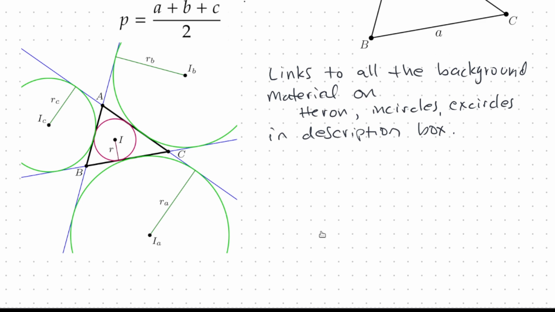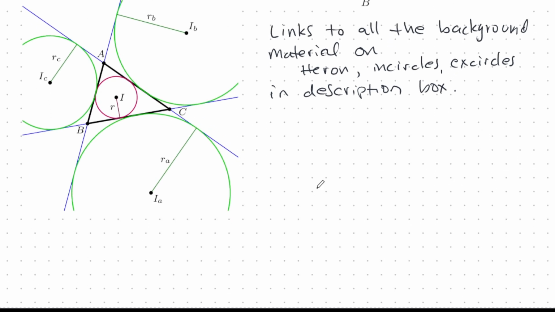And the thing that we will need from those videos is the formulas or the relationships for area, and that was r p, where r is the radius of the incircle here, and this is also equal to r_a times p minus a.